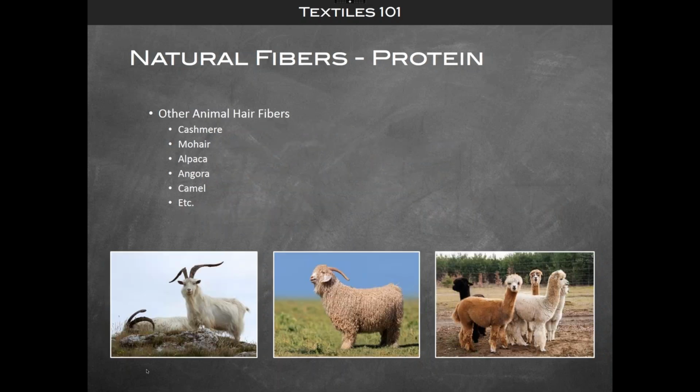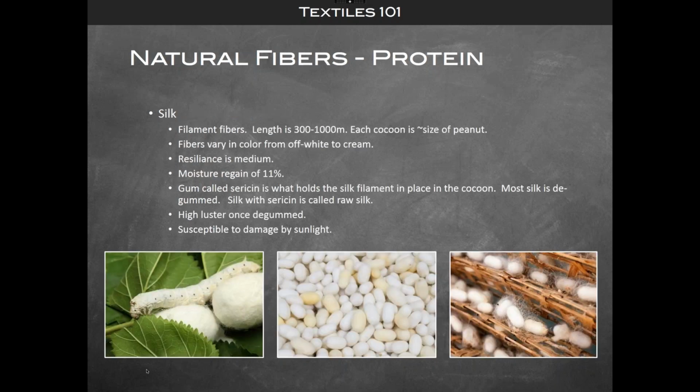Also, wool is susceptible to damage from moths. Some other examples of natural protein fibers coming from animals in staple length include cashmere, mohair, alpaca, angora, camel.